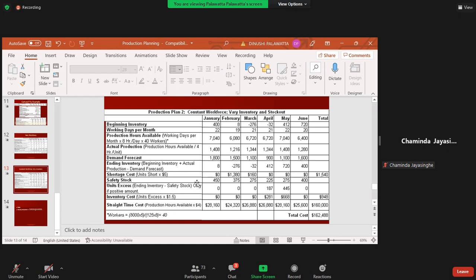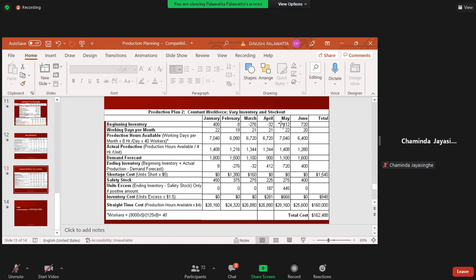There is no shortage. Excess units are 720 minus safety stock 275, you get 445. Then 445 multiplied by 1.5, you get 668.